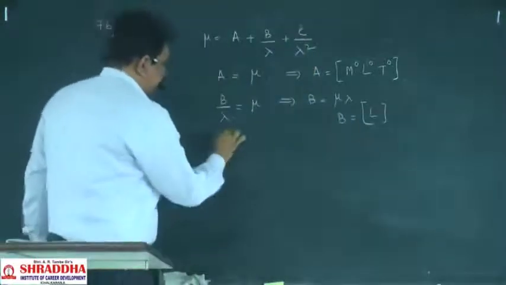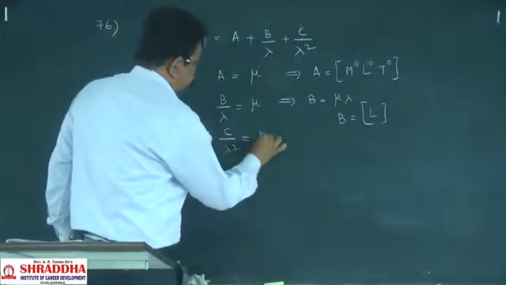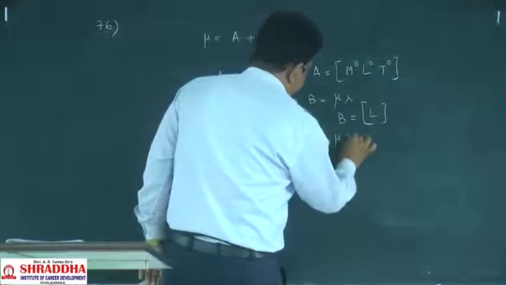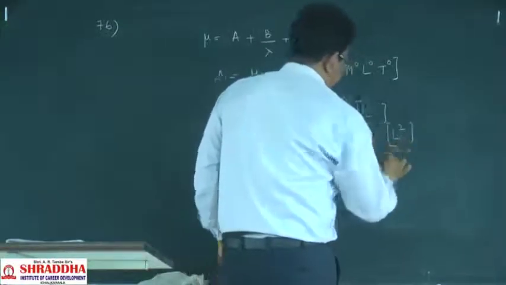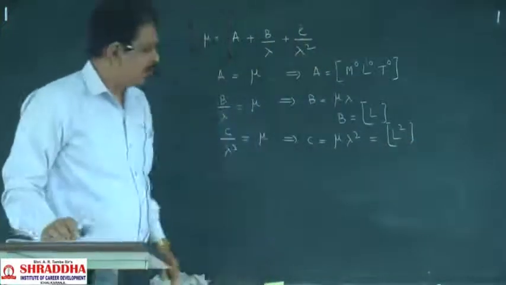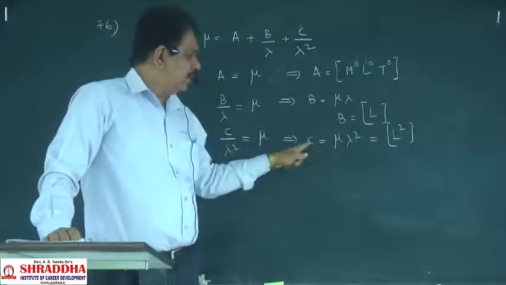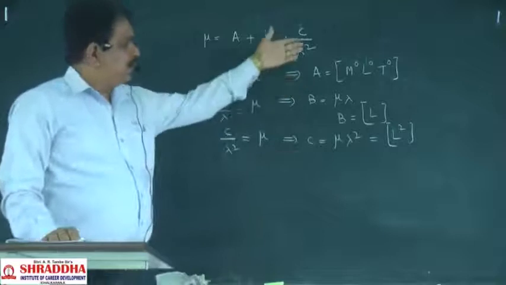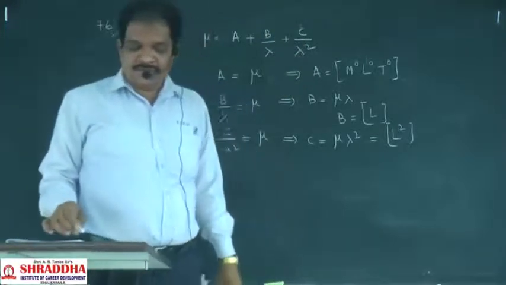Next, C by lambda square is equal to mu. From this, C is equal to mu lambda square. So this value will be L square. Clear? So B value will be L, C value will be L square, A value M power 0, L power 0, T power 0.